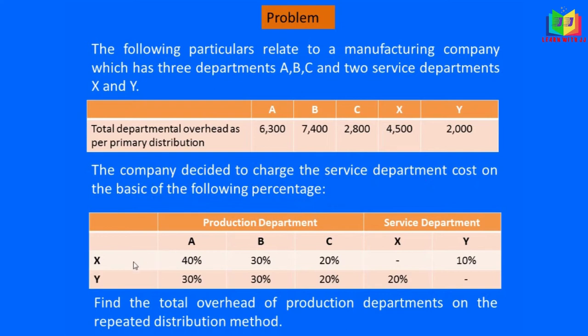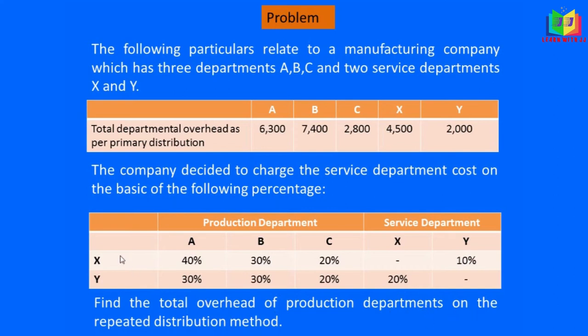X cost is distributed to A 40%, B 30%, C 20% and Y 10%. Similarly, Y cost is distributed to A 30%, B 30%, C 20% and X 20%. Find the total overhead of the production departments on the repeated distribution method.